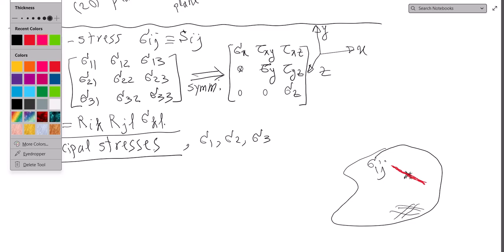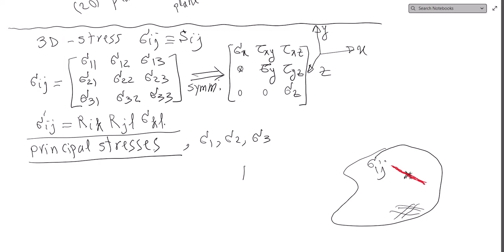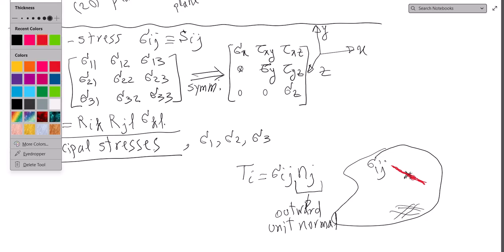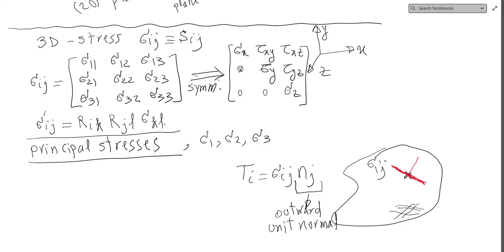Now, there is a formula that says that the traction or the force on that plane would be sigma ij nj. This n is the outward unit normal to the surface. So in other words, I identify this surface with a unit normal, ni or nj, doesn't matter.